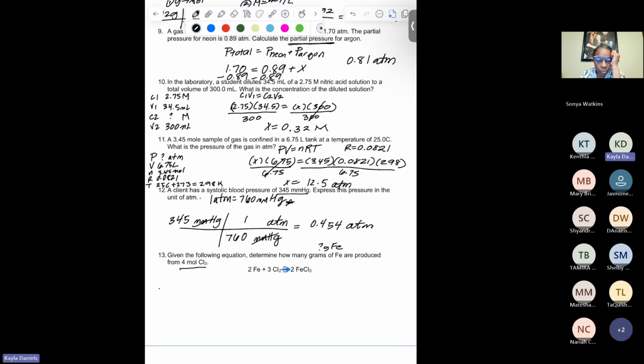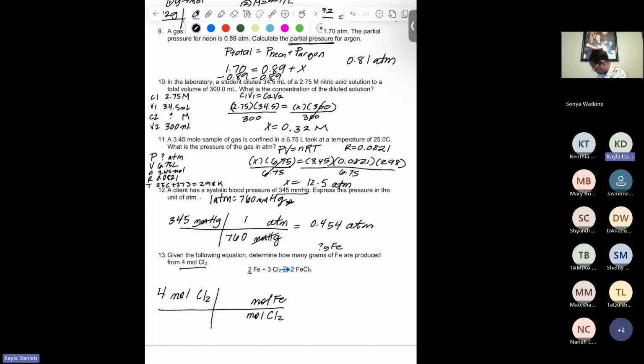I'm going to start with what I'm given on top, 4 moles of Cl2. I'm going to do that first step, moles to moles. So moles of Cl2, chlorine, on bottom, moles of iron on top.